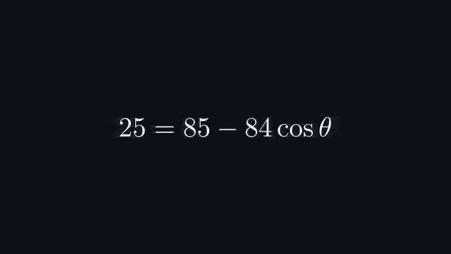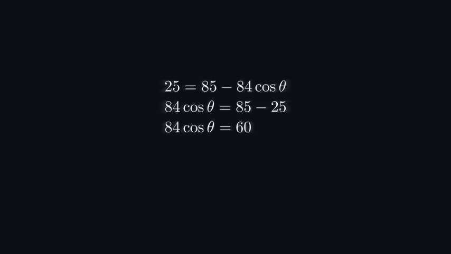Then divide by 84. 25 equals 85 minus 84 cos of theta. 84 cos of theta equals 85 minus 25. 84 cos of theta equals 60. Cos of theta equals 60 over 84.